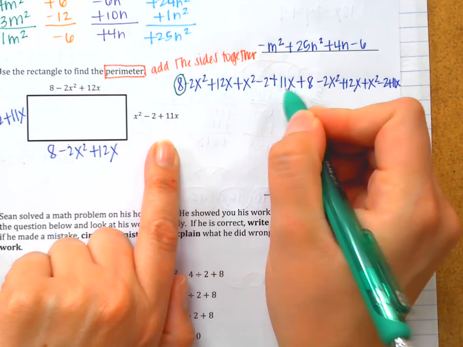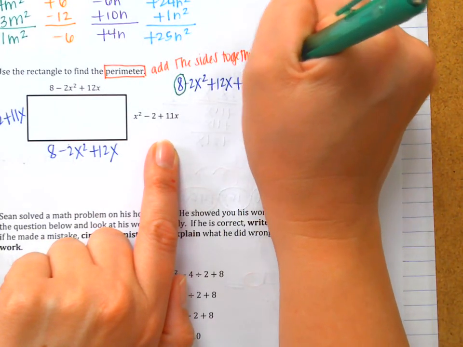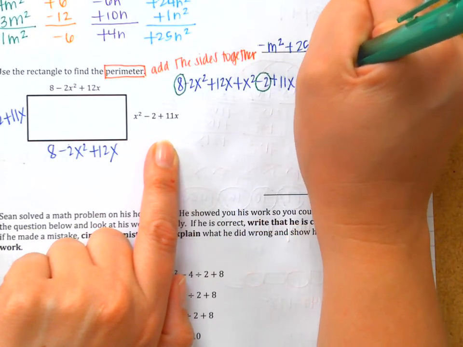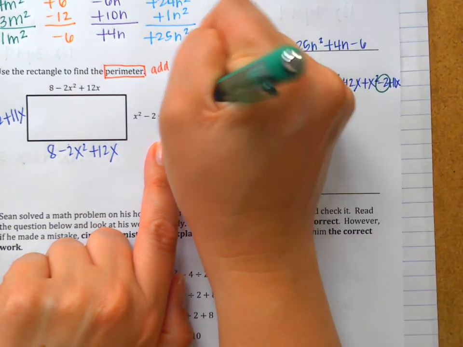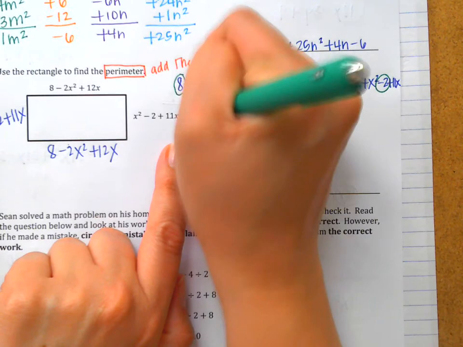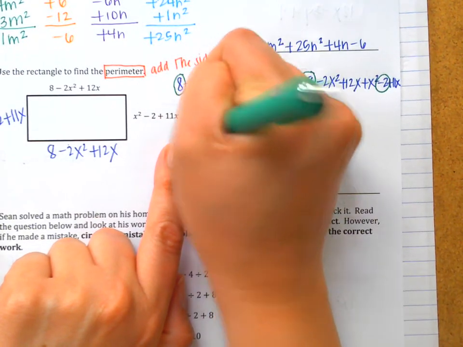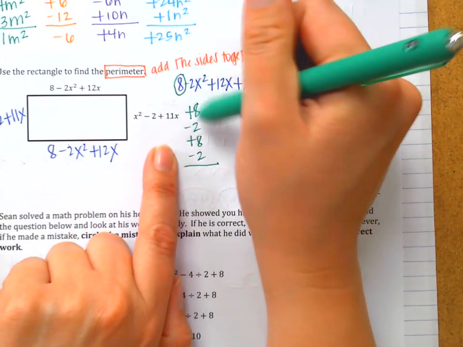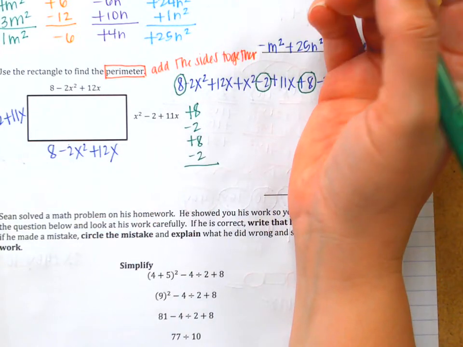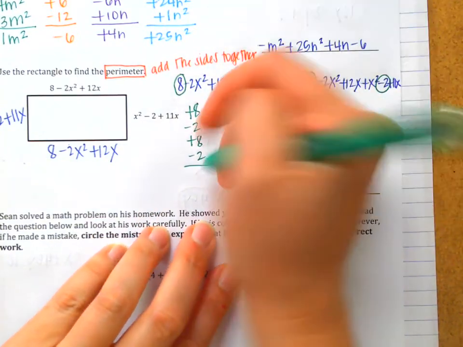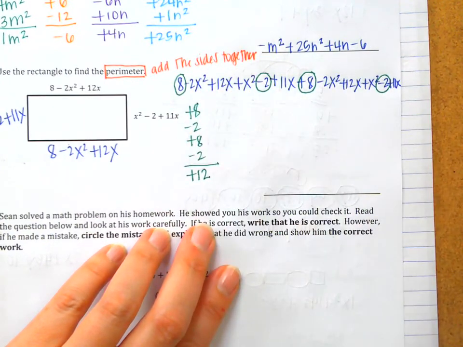So I can combine 8, minus 2, 8, and minus 2. Again, if you guys want to write them in a column, 8 plus 8 is 16, minus 2, that's minus 4. So 16 minus 4 is 12, positive 12.